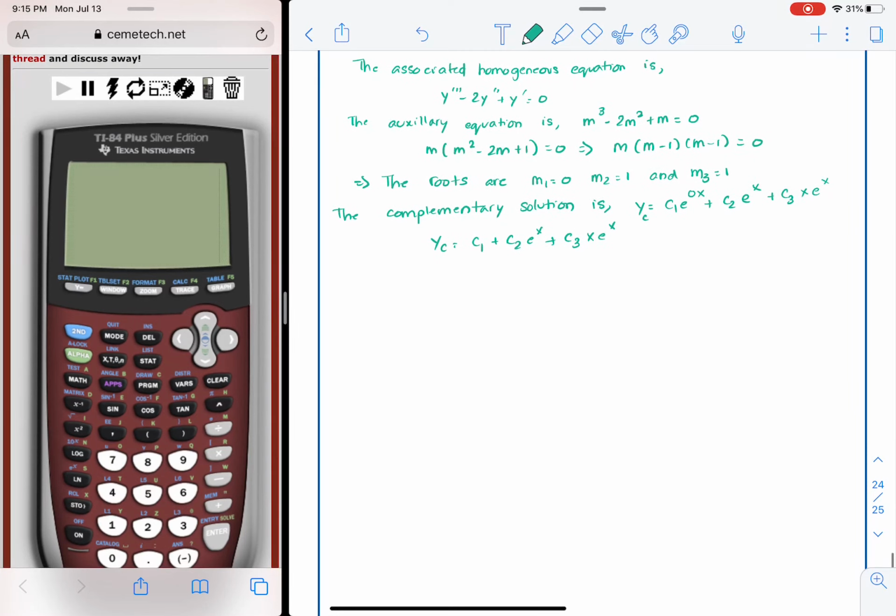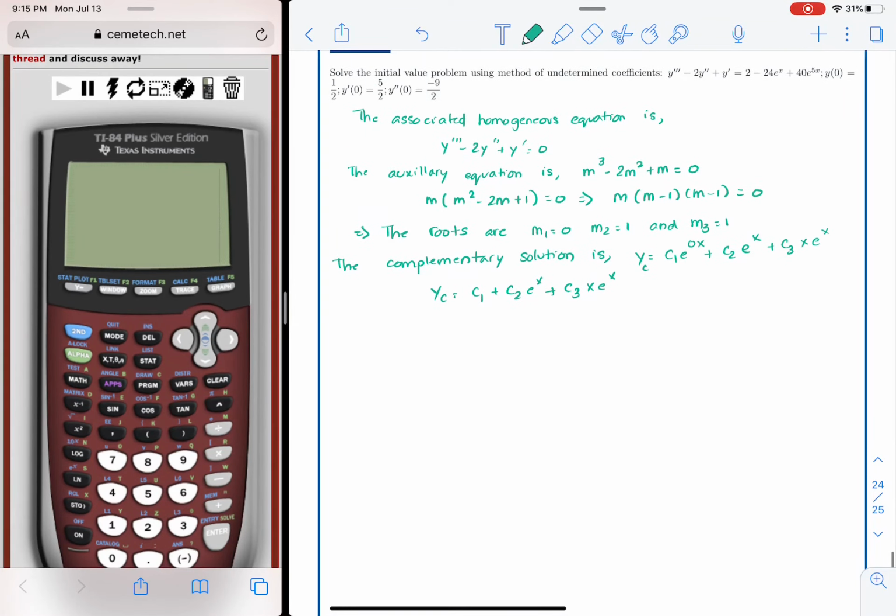Now, we have to find the particular solution. So the right-hand side, g of x, is 2 minus 24 e raised x plus 40 e raised 5x.